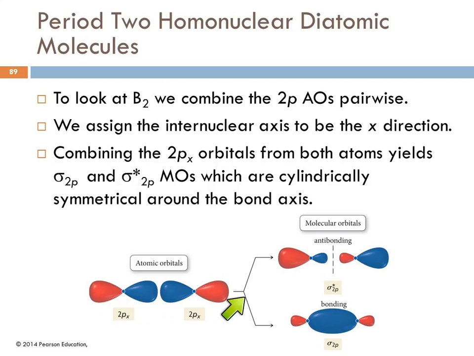These guys are aligned along the same axis. These are on the same axis, and so they're end to end. When they overlap, they form a shape that is symmetrical around this axis. So let me draw on this. We're talking about this axis here, between the two.